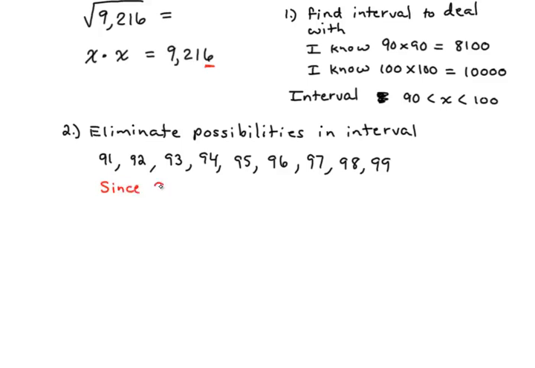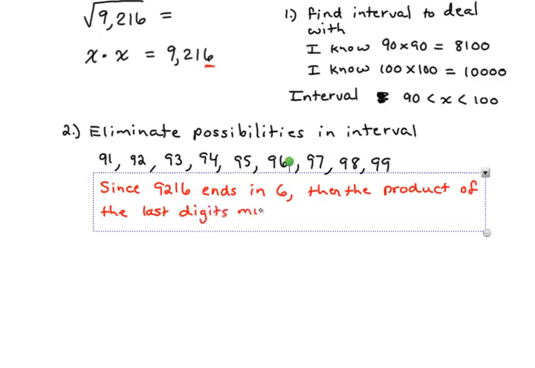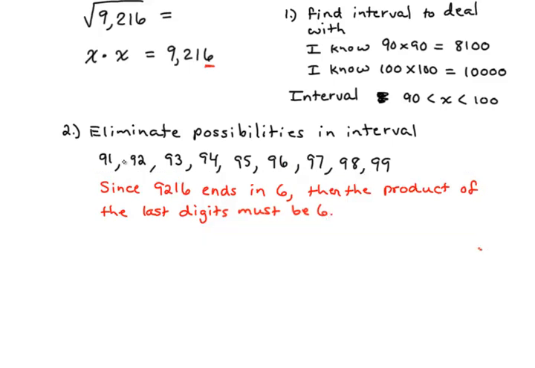Since 9,216 ends in a 6, then the product of the last digits must be 6. Okay, so that's going to help me eliminate possibilities.